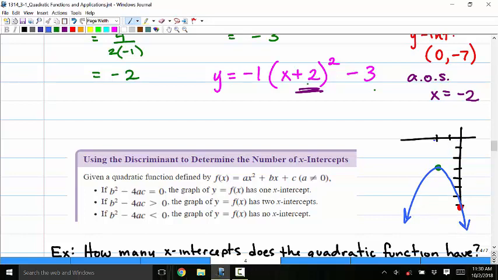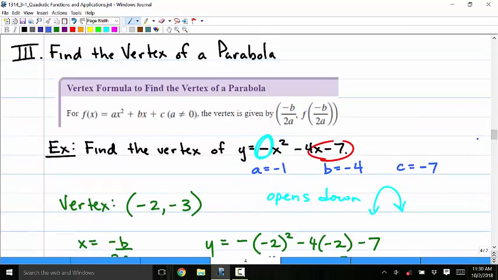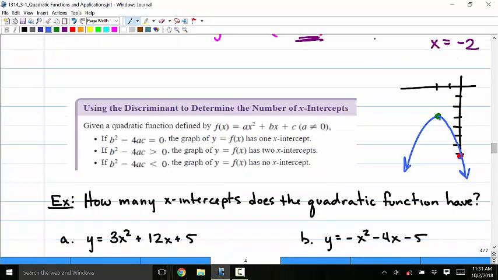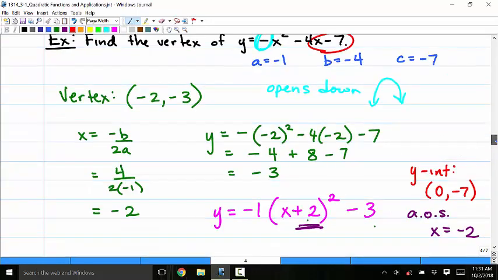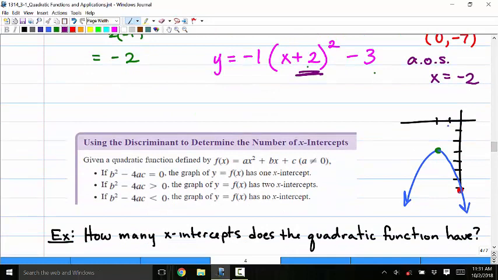My vertex was negative 2, negative 3. My y-intercept was 0, negative 7. I knew because A was negative that it opened down. So starting at the vertex, I've got to go down. My axis of symmetry is where? X equals negative 2.